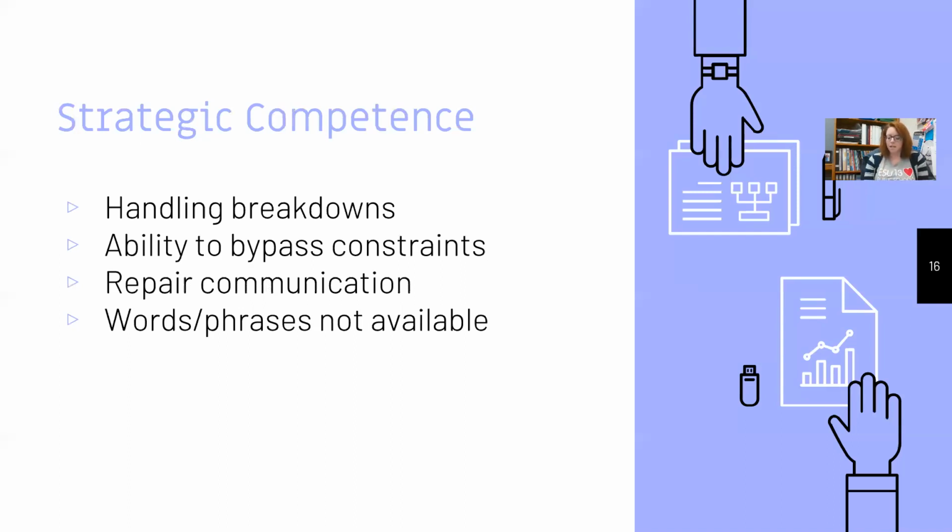So making those repairs to conversational breakdowns, as well as when words or phrases they want are not available. Because even if we have the most robust device, sometimes the things that they need to say, some of those fringe vocabulary things are just not on there. So strategic competence focuses around how do they handle those things and how they overcome them. And those are things we need to explicitly teach most of the time.